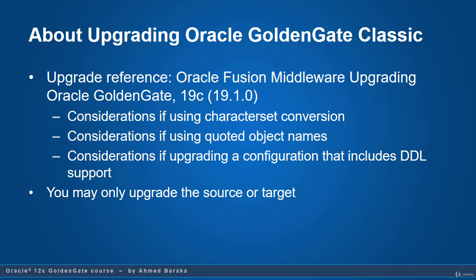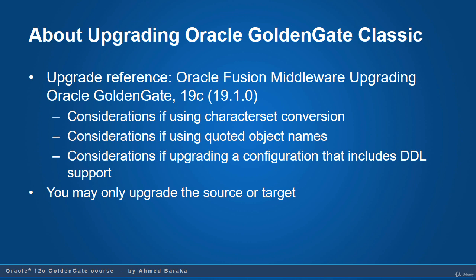Oracle 19C supports sending trail files or receiving trail files in older versions. For this reason, it is technically possible to upgrade either the source system or the target system only. In some real-life scenarios, you might find yourself considering this option.